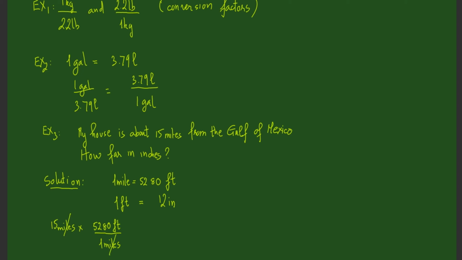And you know that 1 foot is 12 inches. So we're going to use inches on the top and feet at the bottom in the conversion factor, because by doing so we can cancel the feet.